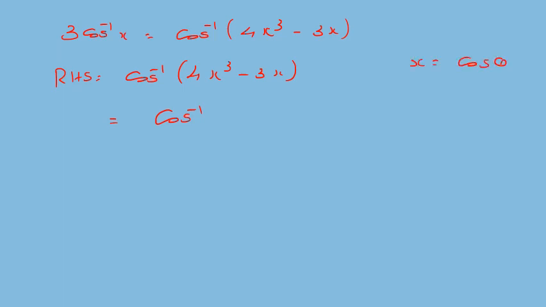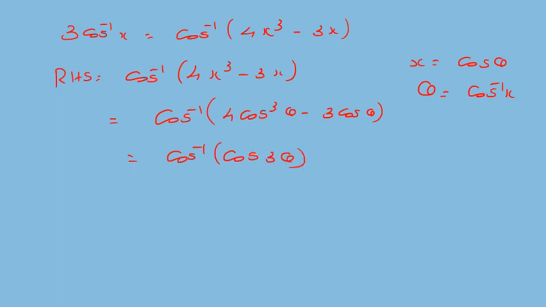X is equal to cos theta. Theta is cos inverse x. So 4 cos cube theta minus 3 cos theta is cos 3 theta. Cos inverse cos 3 theta is 3 theta. Theta is cos inverse x, so it equals the left hand side. This is the answer.